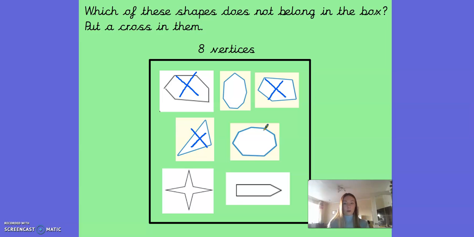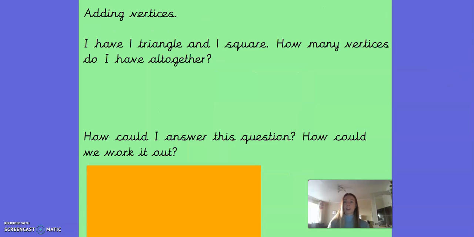This one does belong in the box. Let's check this one. This one's a bit tricky, so we need to count all of the points. We've got 1, 2, 3, 4, 5, 6, 7, 8. So this one does belong. And the last one, 1, 2, 3, 4, 5. This one doesn't belong in the box.